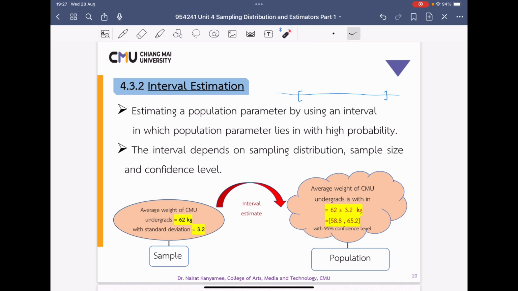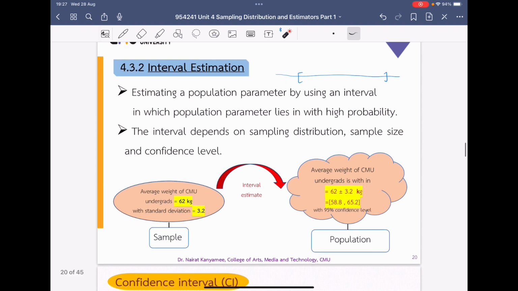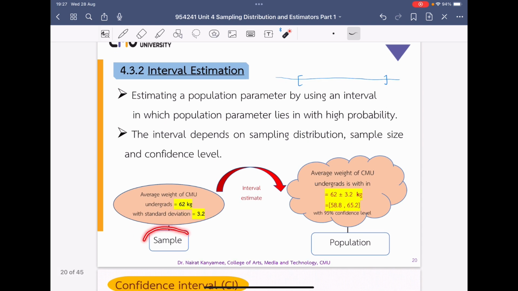And this interval depends on the sampling distribution, the sample size, and of course the confidence level. For example, if you take a sample of the weight of CMU undergrads, and it is 62 kilograms with a standard deviation of 3.2, then the interval estimation is like this.